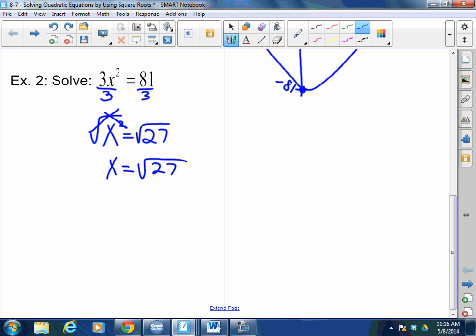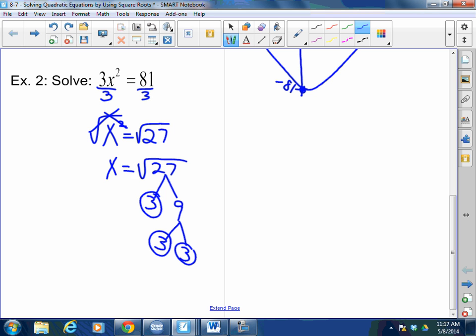Is 27 a perfect square? Okay, that's where you've got to remember: every pair of the same number comes out as one of that value. So how can I break down 27? 3 times 9. 3 is prime, circle it. How do I break down 9? 3 times 3, prime, prime, circle it.